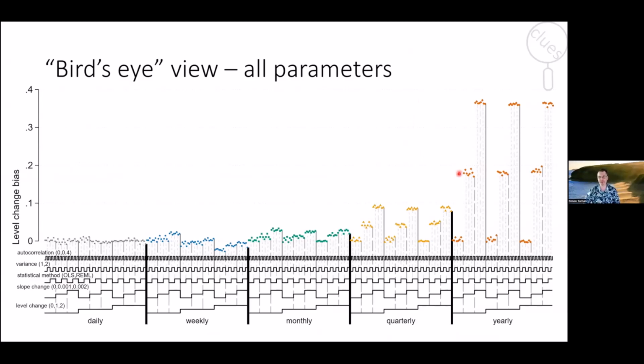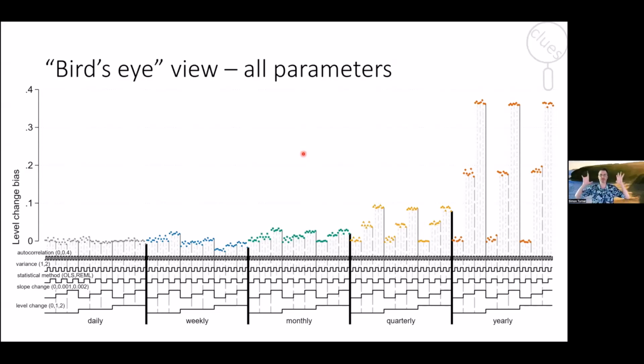Each little dot here is the average level change bias for 10,000 simulated data sets, and each dot represents a different combination of parameters. We had autocorrelation, variance, statistical methods, slope changes, and level changes. Each of these dots is showing me a different average for each of those possible combinations. I think there's about 360 different combinations there.